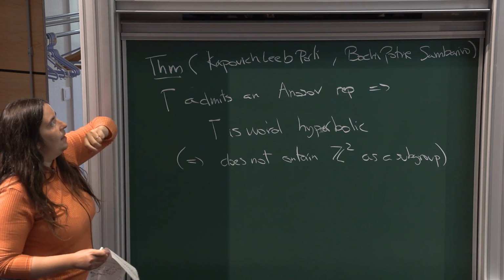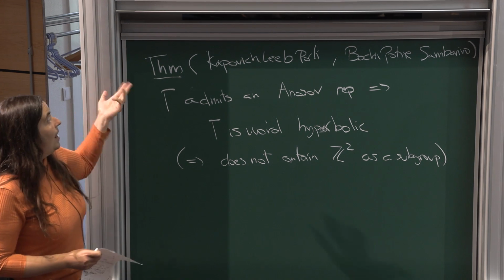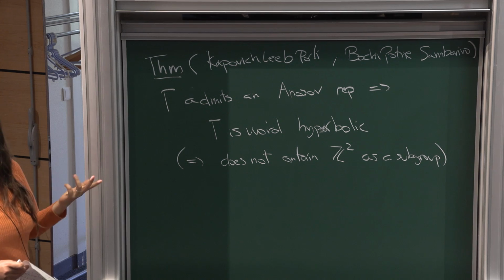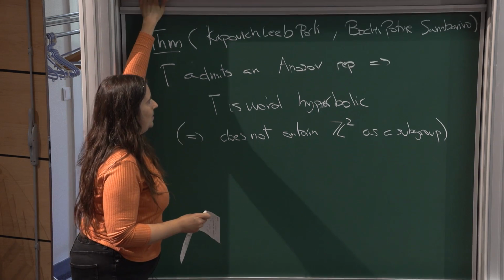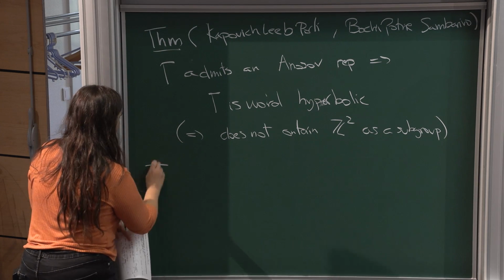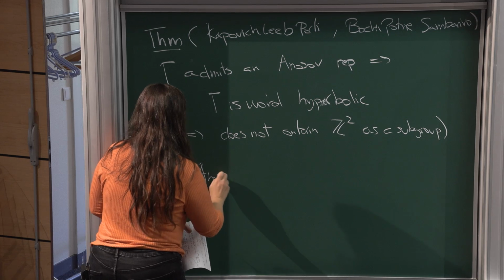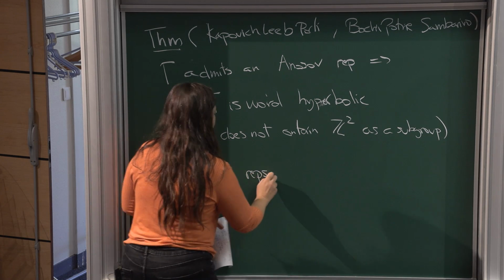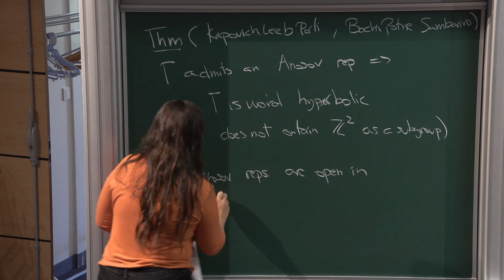So this is one perspective of dealing with Anosov representations. Another perspective, closer to what I will need, as I said the other day, is another theorem: Anosov representations are open in the character variety.